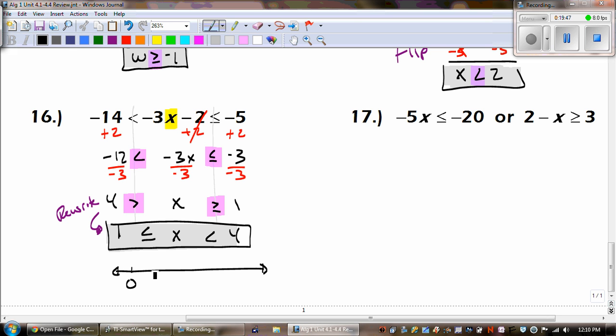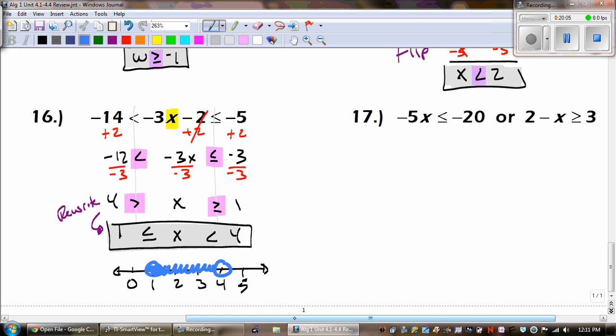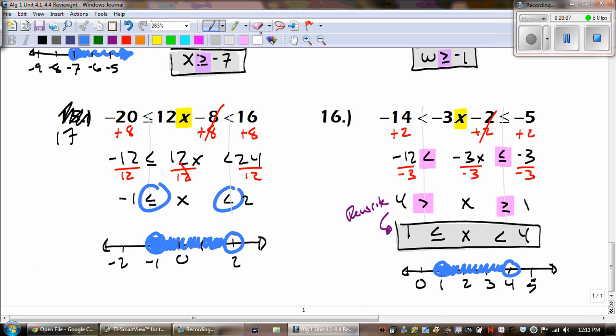Okay, 0, 1, 2, 3, 4, 5. Okay, the 1 is closed, and the 4 is open. And then we just shade in between. Did I highlight my answer over here? I did not.